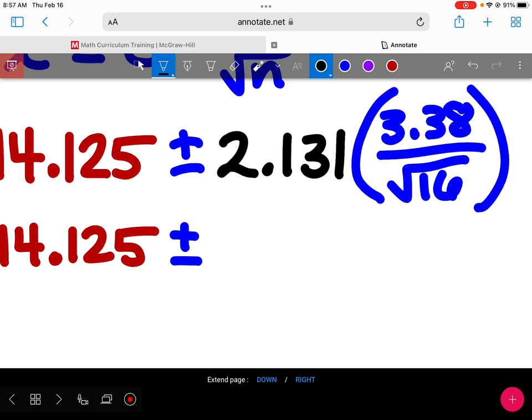Since our point estimate, our x bar, went out to 3 decimal places, let's take this out to 3 decimal places. Ballpark, what did we get? 1.801 when we round it.